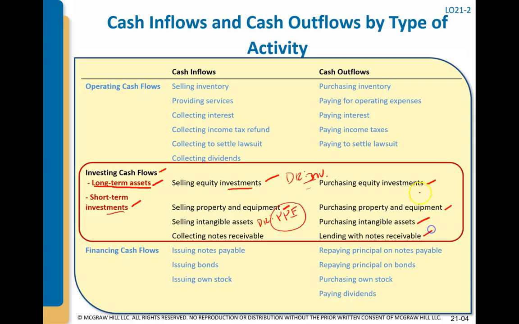And then also notes receivable: if a corporation lends money to one of its employees and they sign a note where the employee has to pay interest on that note, then that's financing an asset, and that also belongs in a long-term asset. They would have a notes receivable, and it would be an investing activity. So again, the statement of cash flow reports all the cash inflows and outflows by type of activity that occurred over the course of the year.